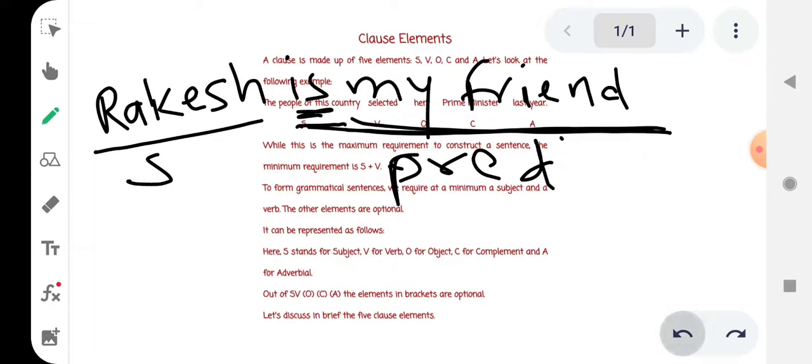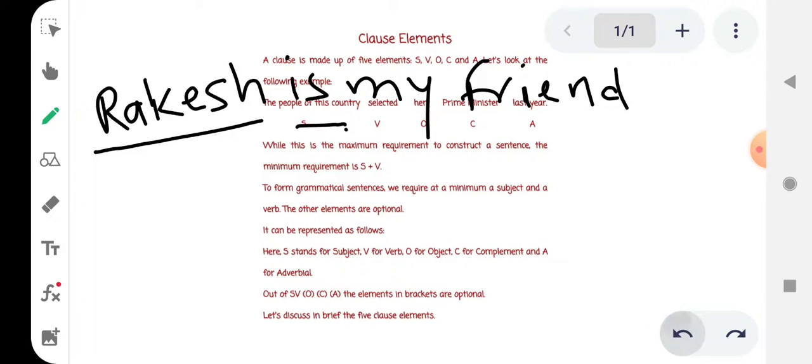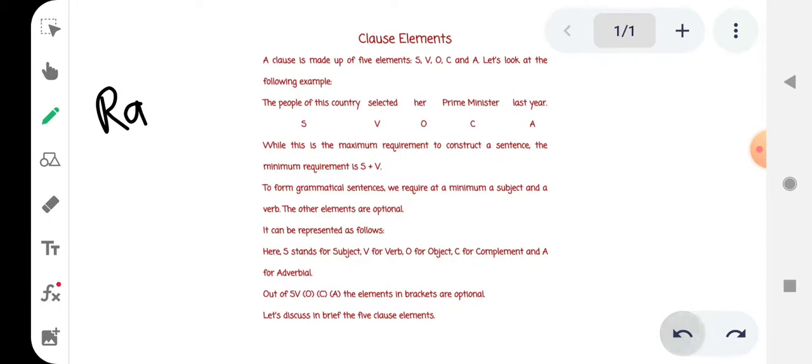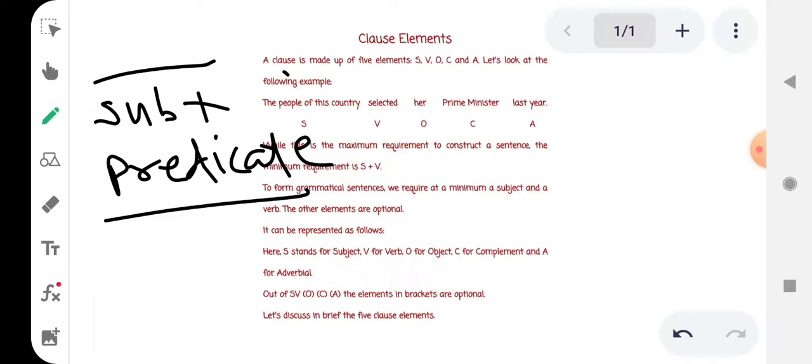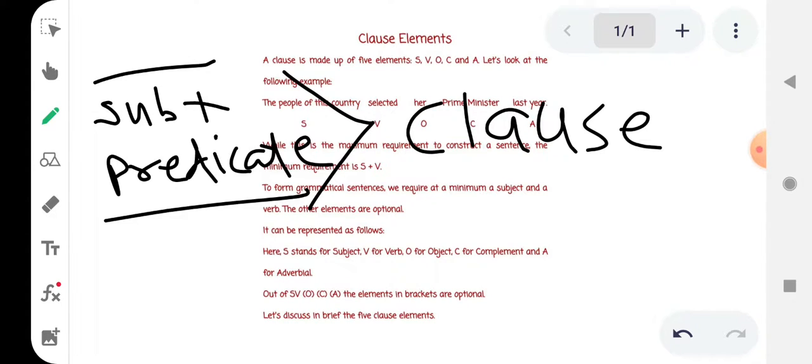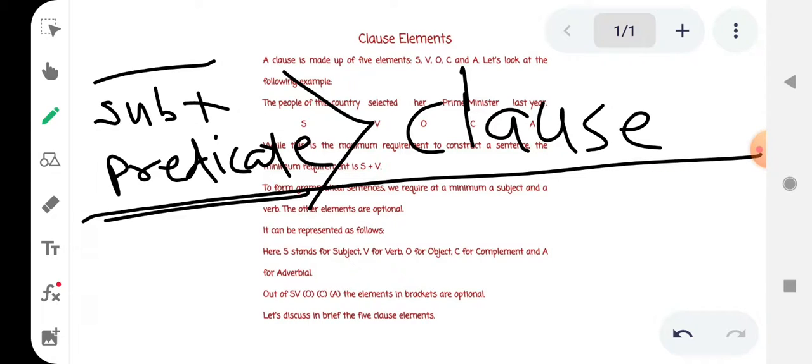This simple structure of subject plus predicate is called a clause. And the next stage, what is the next stage?